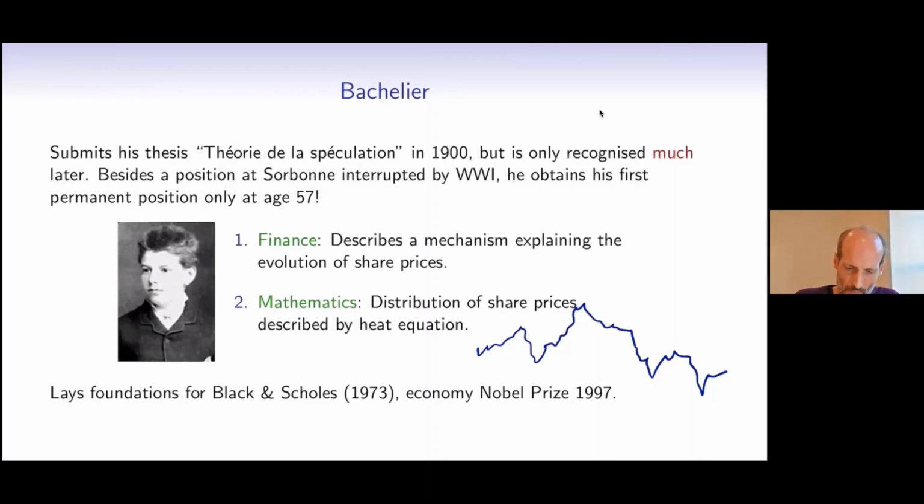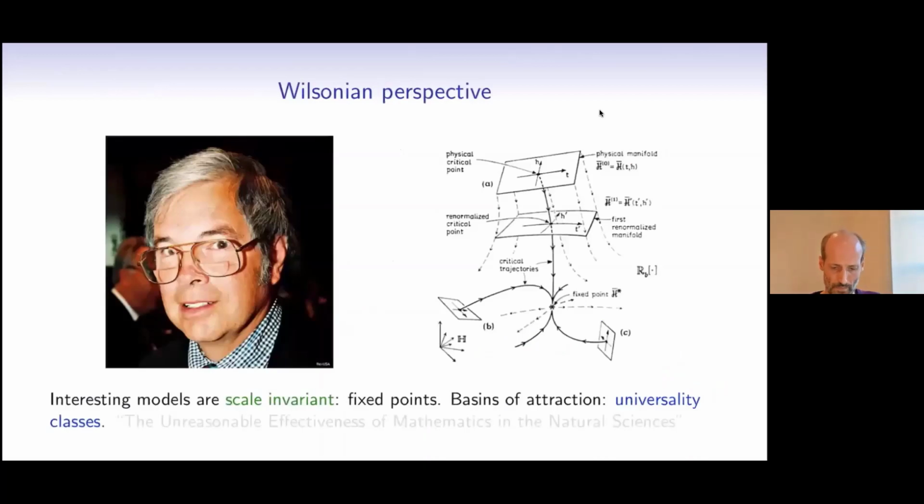And so Wilson, a very famous theoretical physicist, in the 70s and 80s came up with a theory, or rather it isn't so much a precise theory, it's more of a philosophy of how to think of these things.